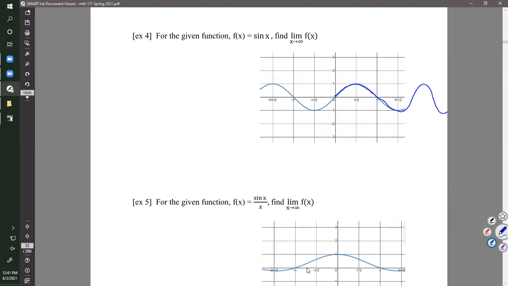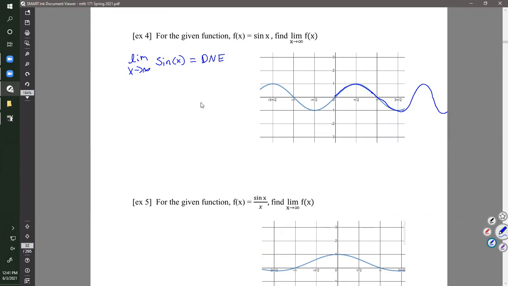No. So I can go ahead and say the limit as x goes to infinity of f of x, and I'm going to put sine in there so you can see a different notation, of sine of x, does not exist.